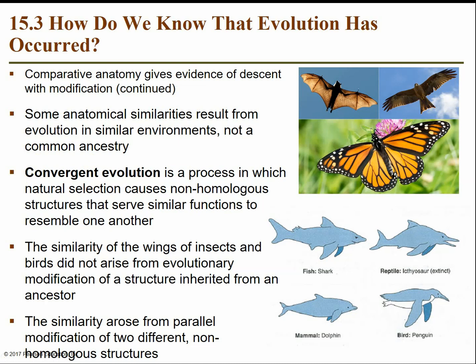Essentially, natural selection is going to cause these non-related structures to resemble one another because they serve similar functions. Nature's solution to flight is wings. Even though bats, birds, and insects all have wings, they're still different. They're not due to a shared ancestry. These evolved independently of one another.